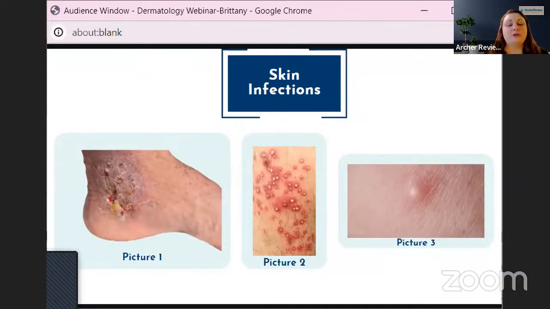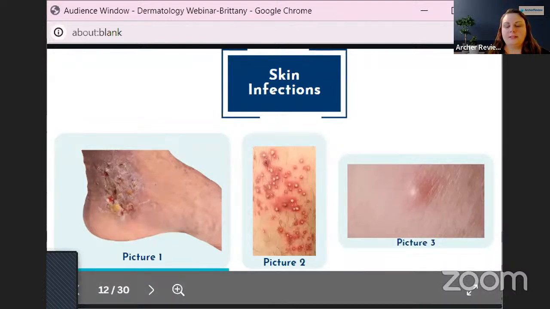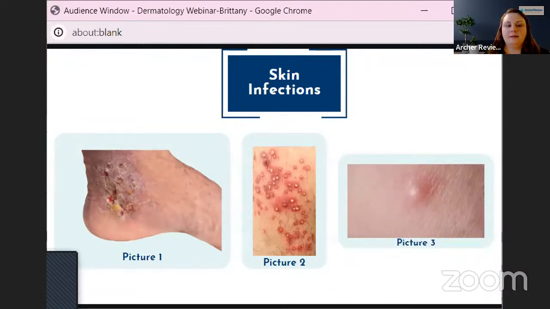Let's go on to picture 3. Does anybody have any guesses for picture 3? All right, let's take a look at picture 3. So it looks like another type of skin infection. That's going to be a boil. So that is going to be treated with some sort of penicillin-based antibiotic as well.